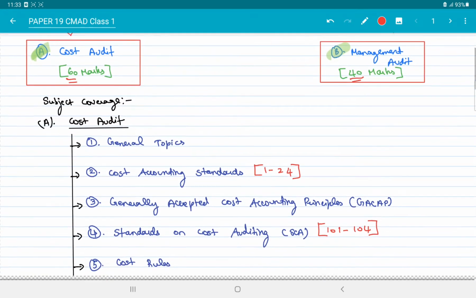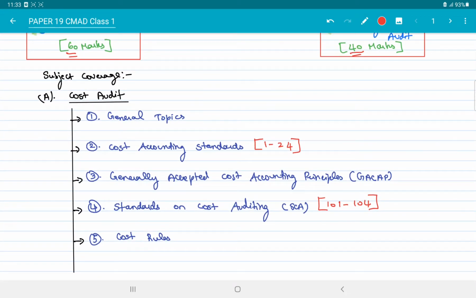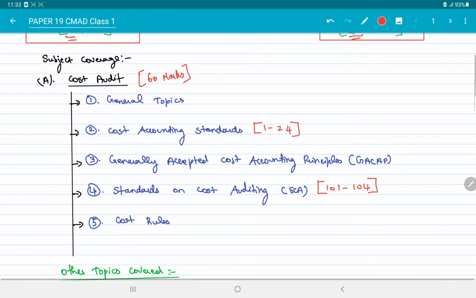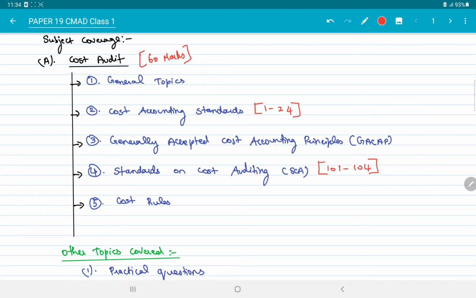We can now see the subject coverage. So section A, which is around 60 marks out of 100, covers the major 5 topics, which are of your study material also, which is issued by the institute.